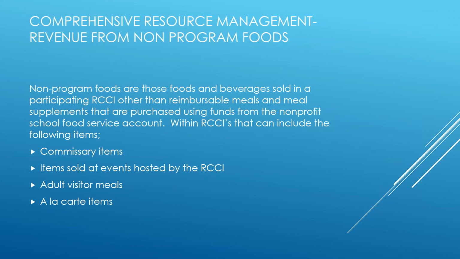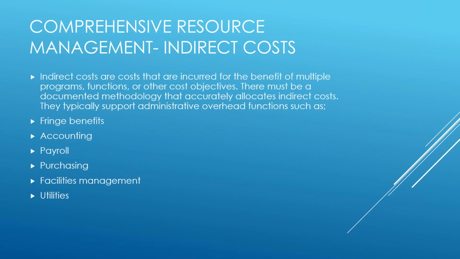This could include commissary items, items sold at events hosted by the RCCI, adult visitor meals, and rarely a la carte items. With the revenue from non-program foods, you do have to track that information separately. It has to be accounted for as well.